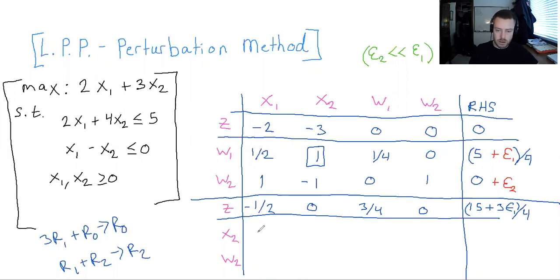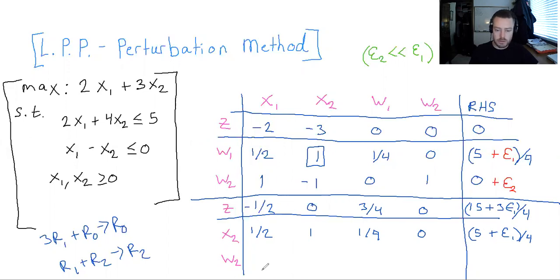Right. Your x2 row doesn't change. It's going to be 1/2, 1, 1/4, 0, 5 plus epsilon 1 quantity divided by 4. All right. So now we're going to add the second one.